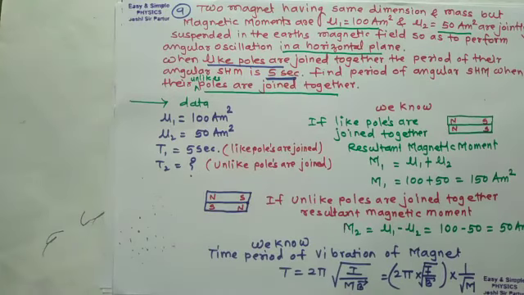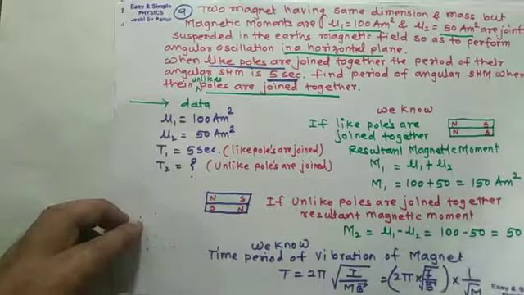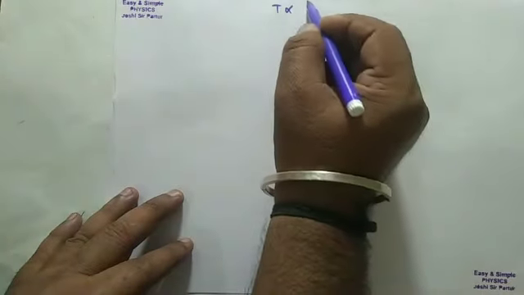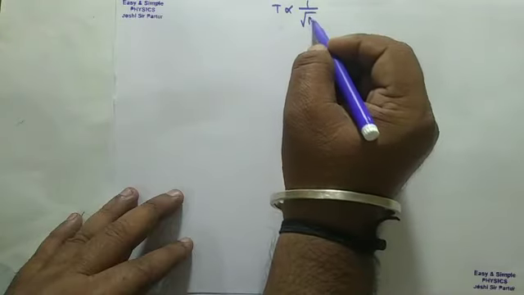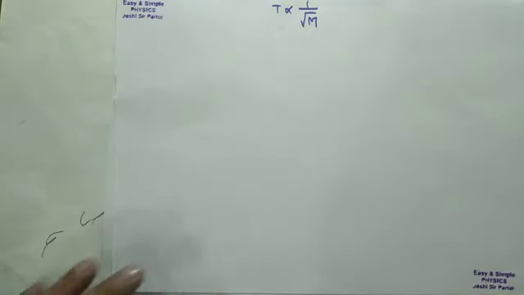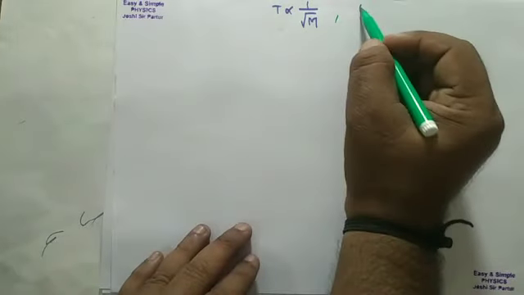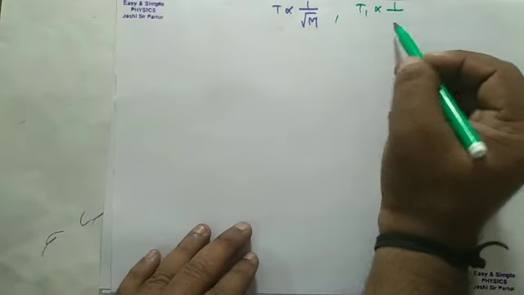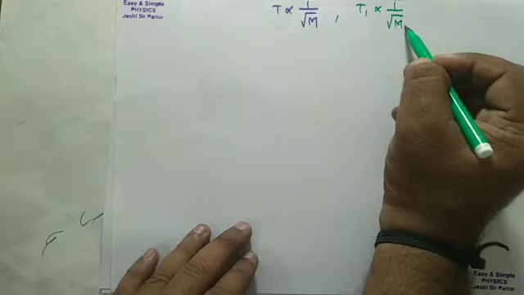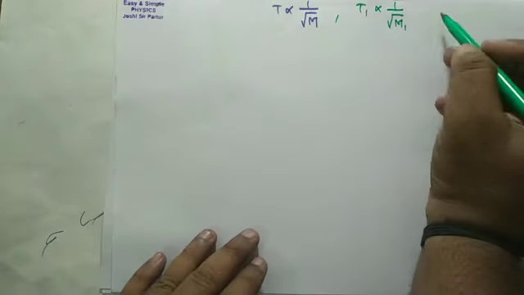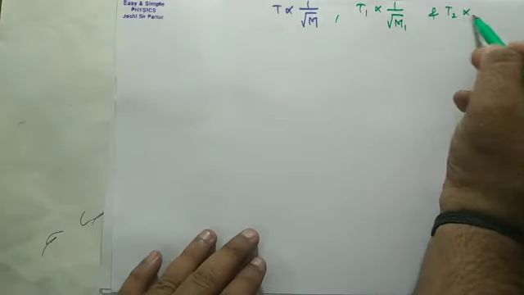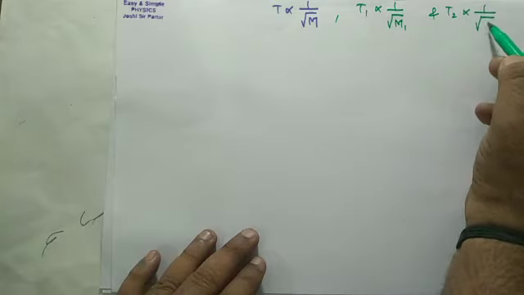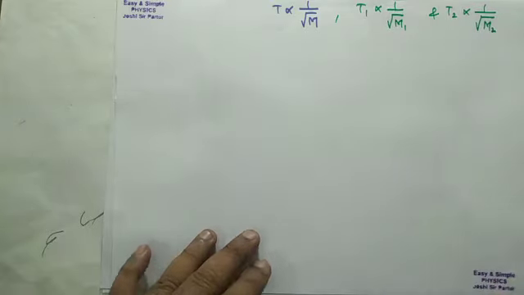If the bracket term is constant, then we can write T is inversely proportional to square root of m. Here we can write T1 is inversely proportional to square root of m1 and T2 is inversely proportional to square root of m2.